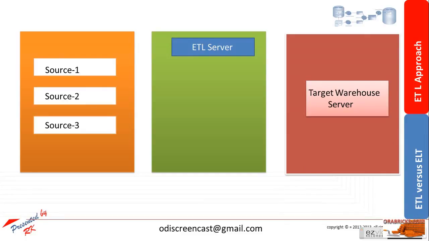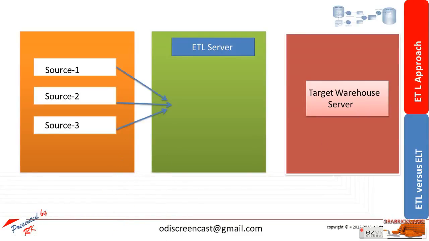Basically, the source system is a heterogeneous source system. You have different types of sources like flat files, XML files, Oracle source or Teradata source or any other RDBMS source, and you have a middle tier engine, that is the ETL server, and you have your target warehouse server which has all your target tables, dimensions and facts.